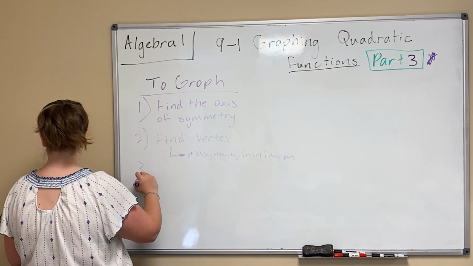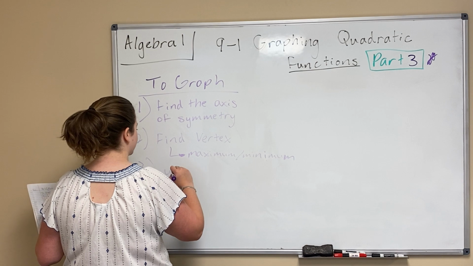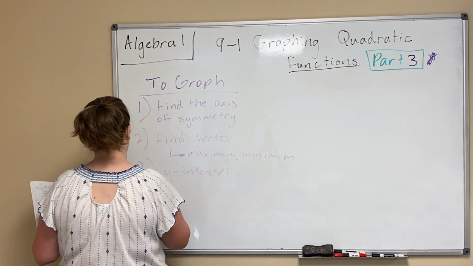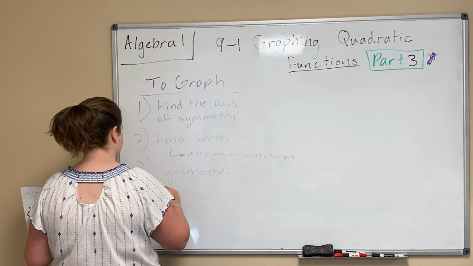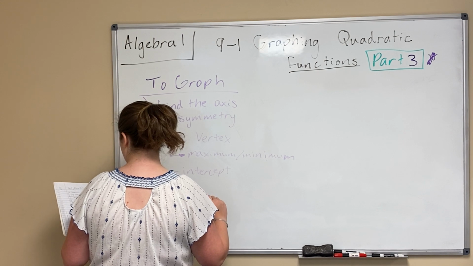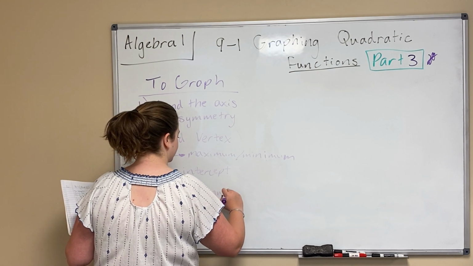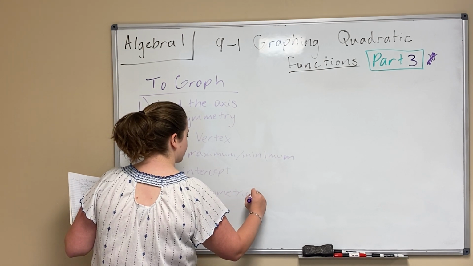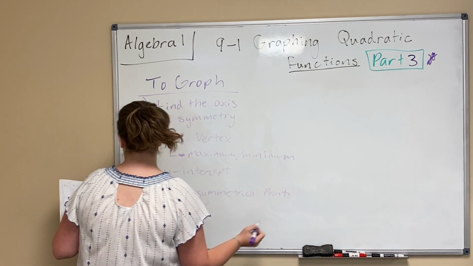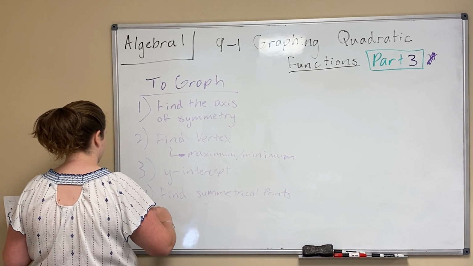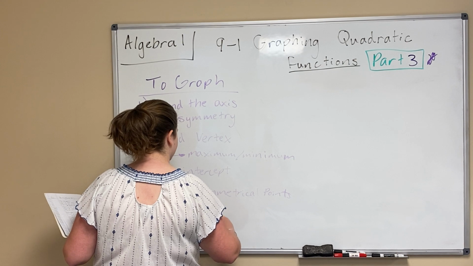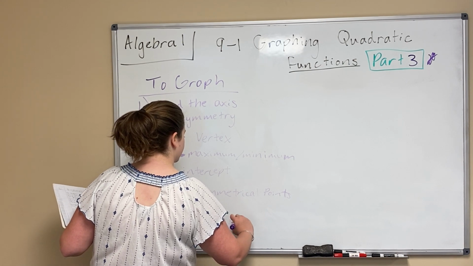Step 3, find the y-intercept. Step 4, find any symmetrical points you need. And step 5, connect the dots. Connect your points in a curve.